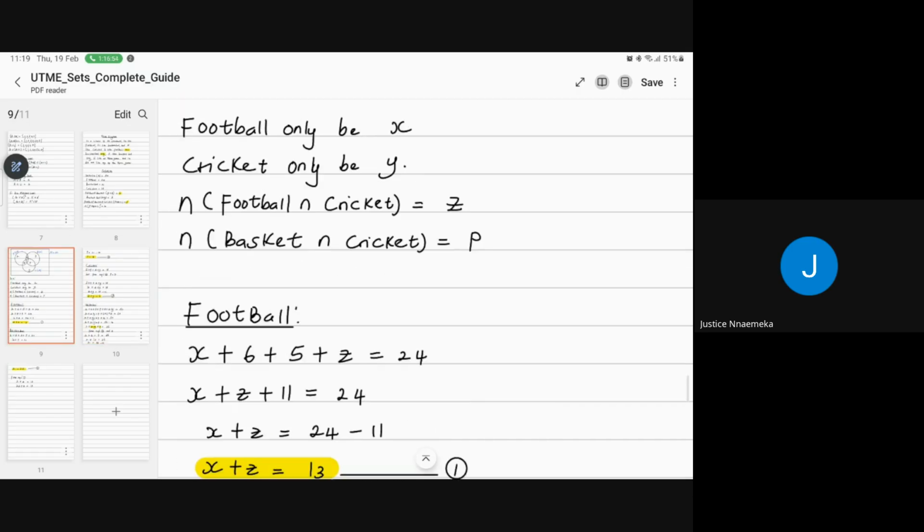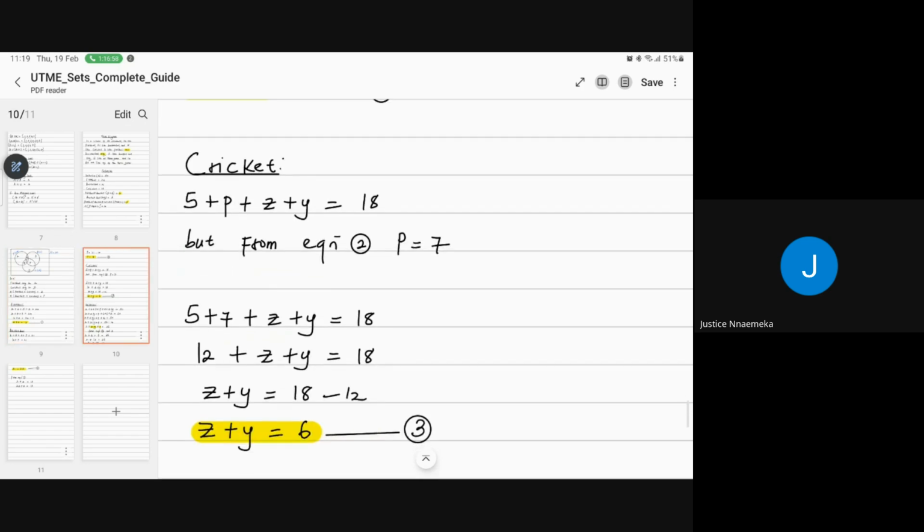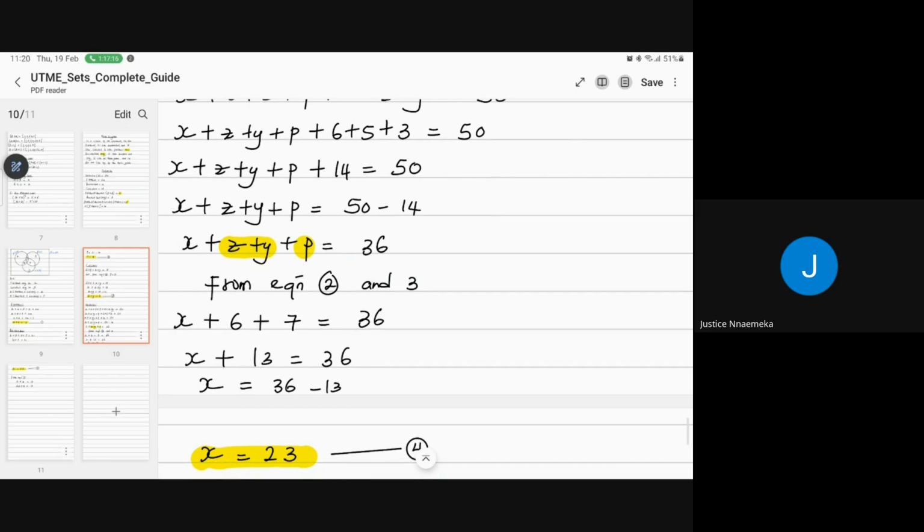Universal set, I have x plus 6 plus 5 plus z plus y plus p plus 3. 6 plus 5 is 11. This is 14. 50 minus 14, that is 36. So from equation 2 and 3, we'll plug in our values. We'll have that p is 7.